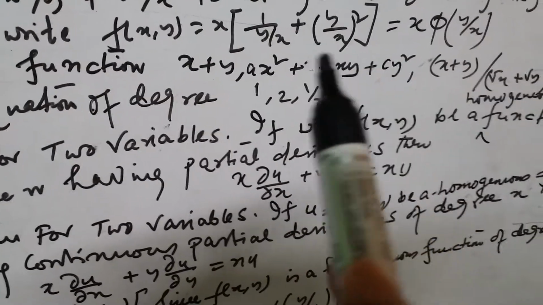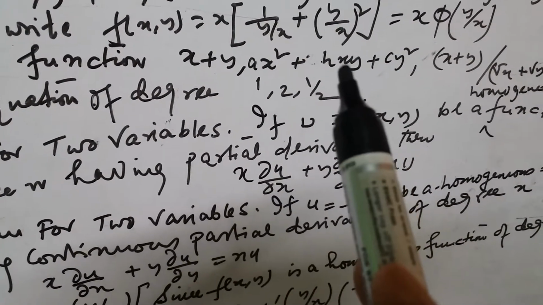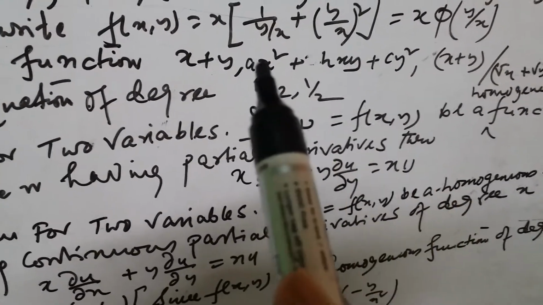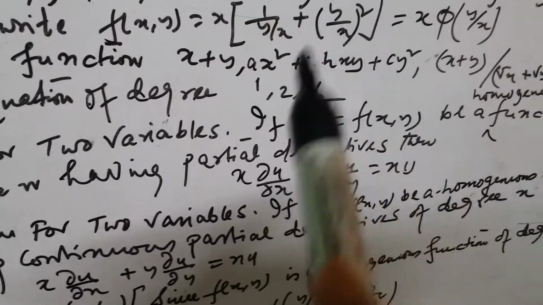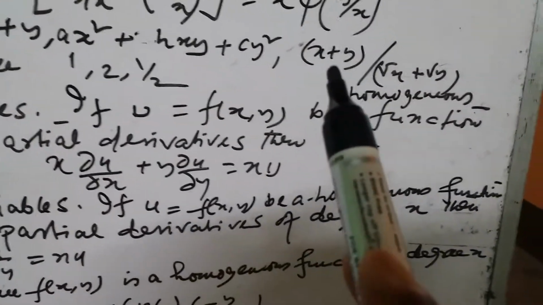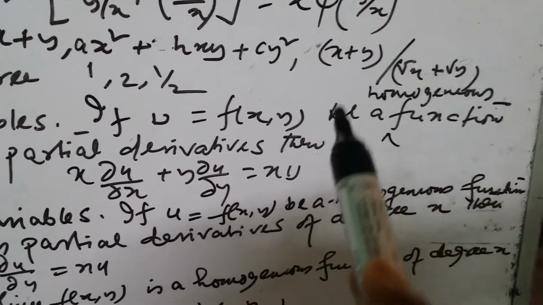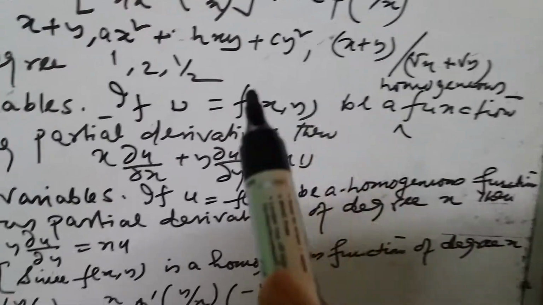This one is degree 2, because x squared, or x to the 1 times y to the 1, gives 2, so the whole term is of degree 2 if it is homogeneous. Here, with half and half, or 1 and 1 divided, its degree is half.